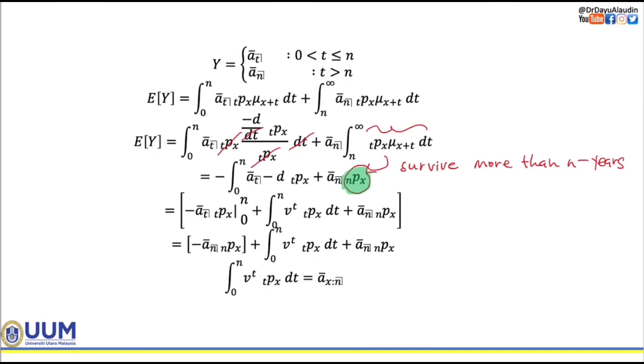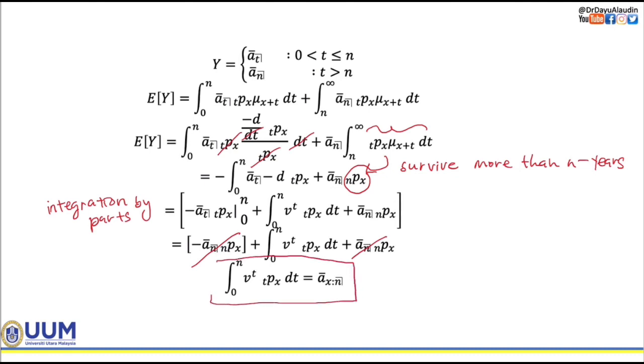Then we do the integration by parts, uv minus vdu, and then we cancel out both here, and finally we get the annuity, which is the integral from 0 to N of v^t tpx dt for the N-year temporary life annuity.